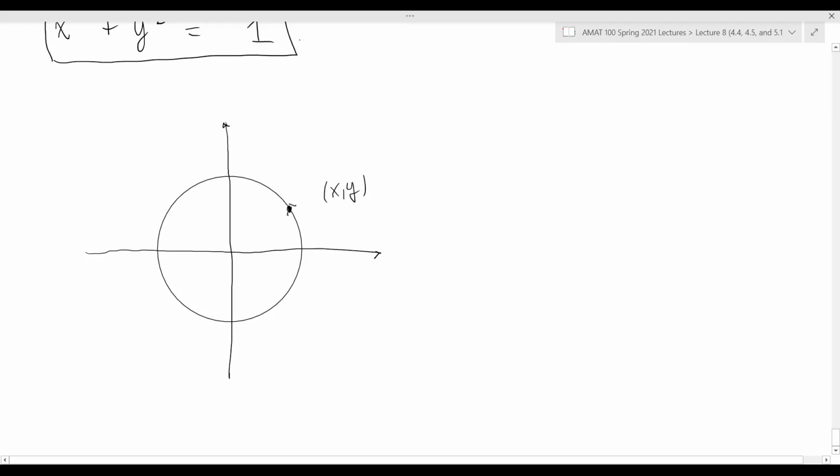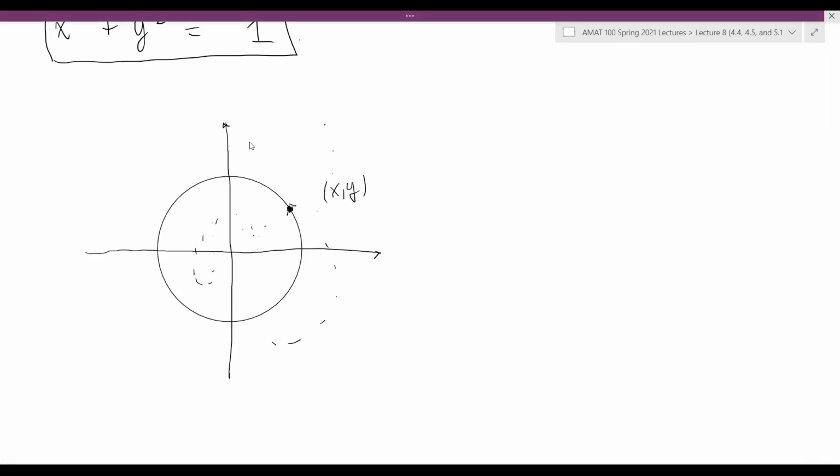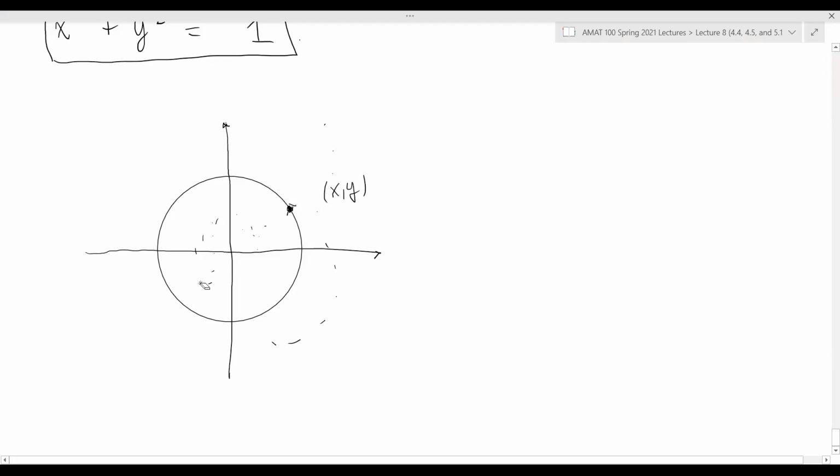If you're on the unit circle, you can't look to your sides, there's no such thing as that. If the unit circle is our universe, points on the inside and points on the outside of the unit circle don't exist from our perspective. So we can only basically look forward and backwards.